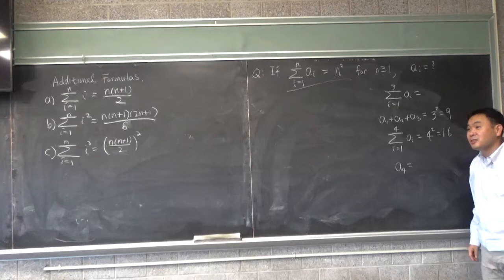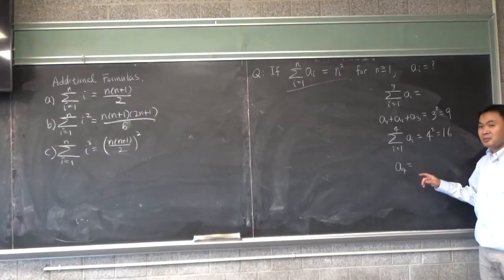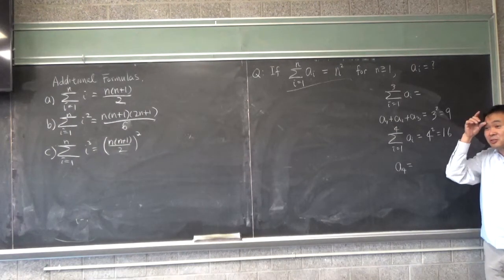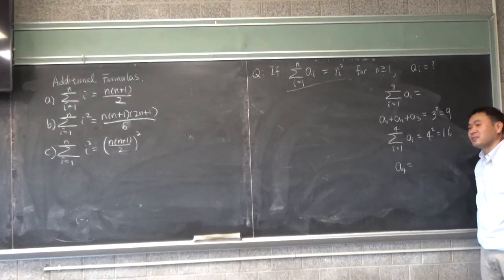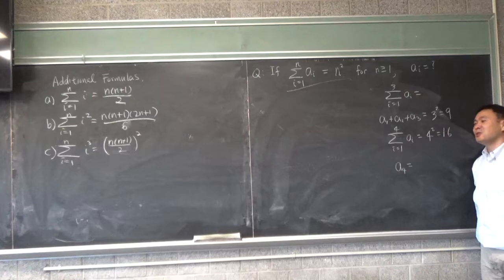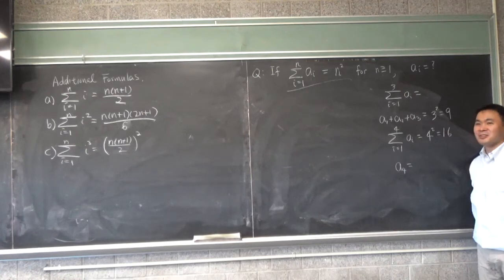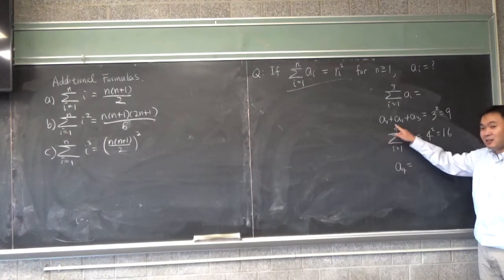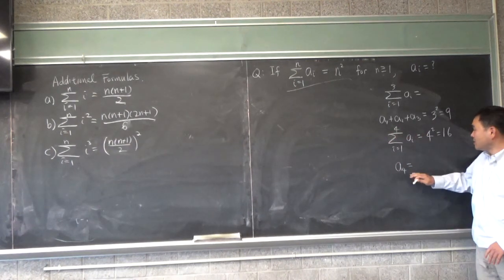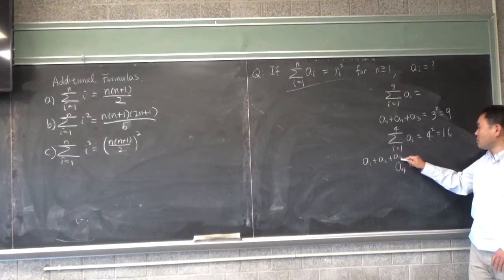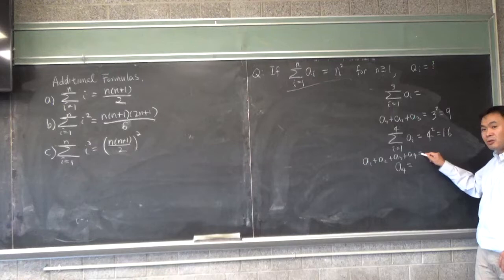No, a4 is not 4. 4 squared, no. Don't guess. Make a logical conclusion. Is it 2? No, don't guess. All right, let's start. What does this mean again? The summation from 1 to 4, so you have a1 plus a2 plus a3 plus a4 equal to 16.